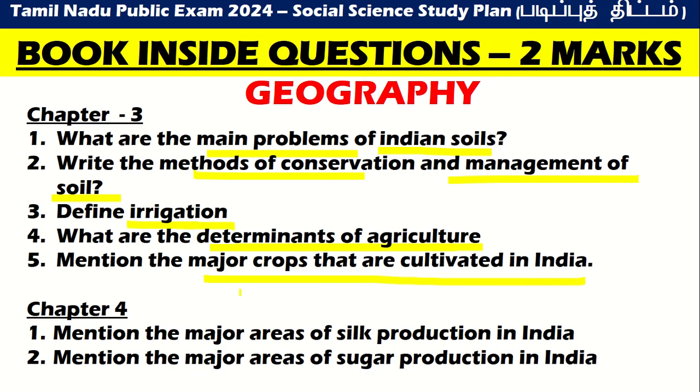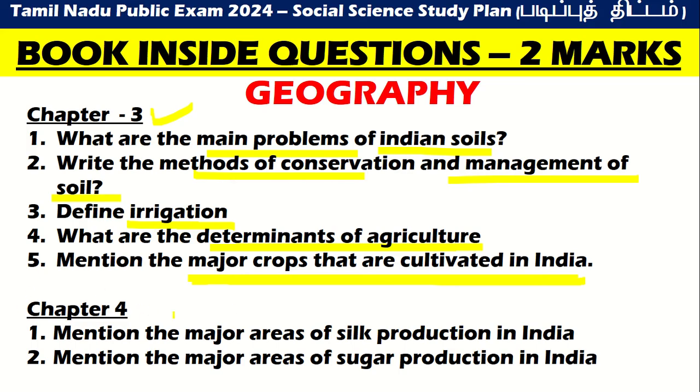So இந்த கேள்விகள் எல்லாம் very important, and mention the major crops that are cultivated in India. ஸோ இந்த 5 கேள்விகளும் தரமான கேள்விகள், இதில் கண்டிப்பாக ஒரு கேள்வி வருவதற்கான வாய்ப்புகள் மிக மிக அதிகம். So I once again repeat, the chapter 3 is very important. So these are the 5 questions. Probably you can expect 1 interior question from your examination, my dear children.